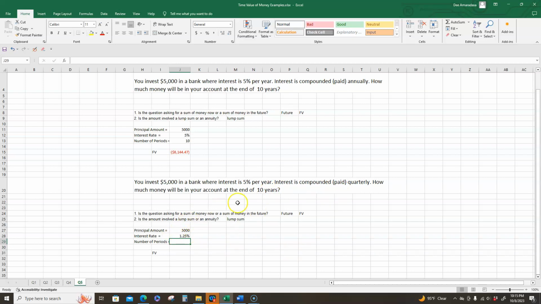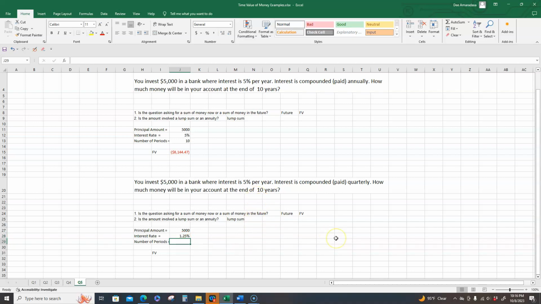So whenever interest is compounded more frequently than once a year, you have to figure out the interest per period compounded, in this case quarterly. If the question said semi-annually, that would be 2 times, therefore you divide 5% by 2, giving you 2.5 as the interest rate. But in this example, we divided by 4 because there are 4 quarters in a year, and our interest rate is 1.25.